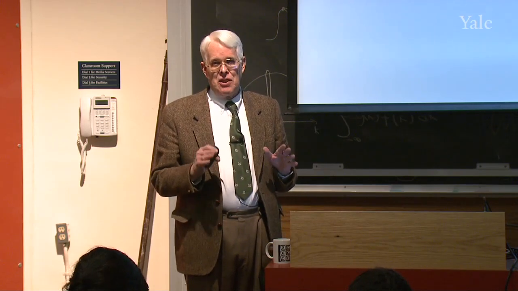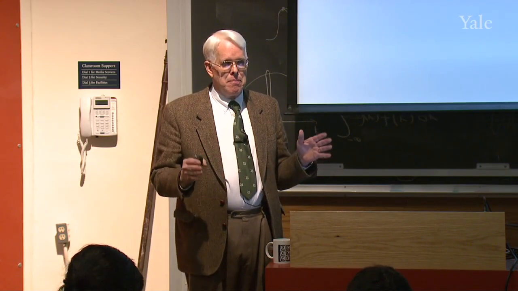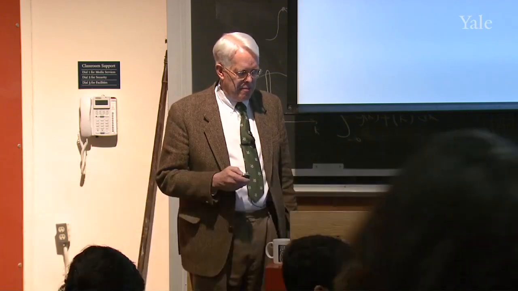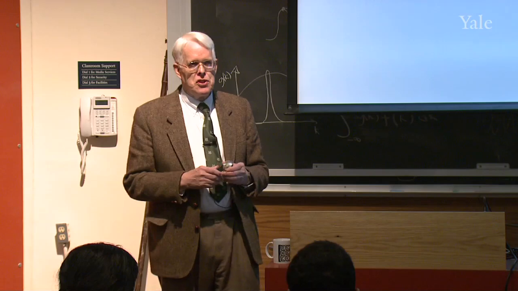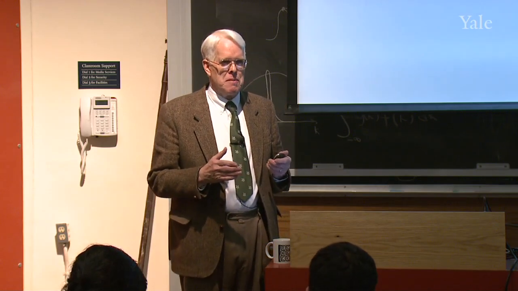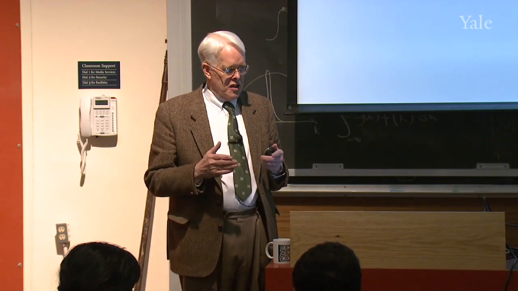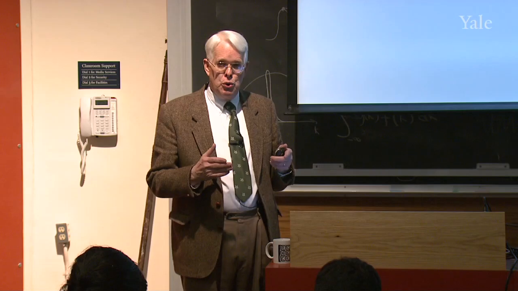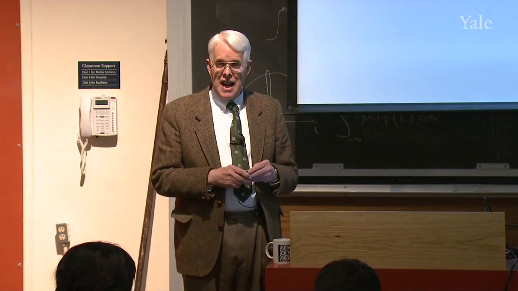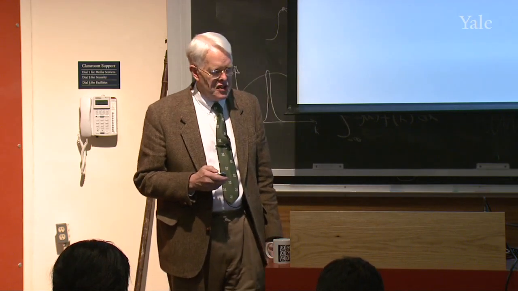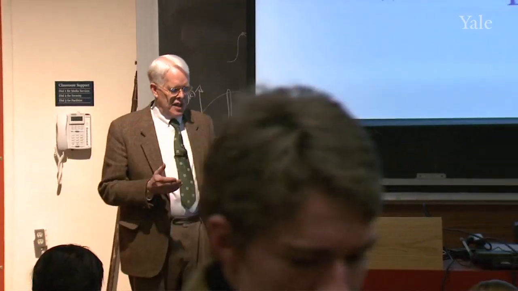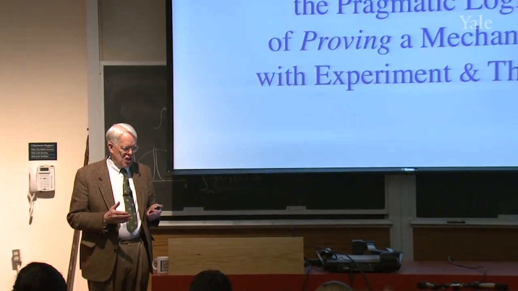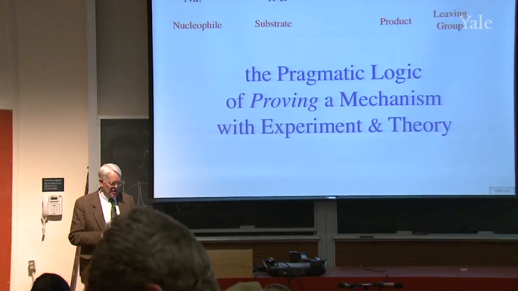In fact, they're not all the same, but many of them fall in the same two classes, as you'll see. The one we're going to talk about first is called SN2, nucleophilic substitution. Substitution nucleophilic. 2 means second order in kinetics, and you'll see what that means. So SN2 nucleophilic substitution.